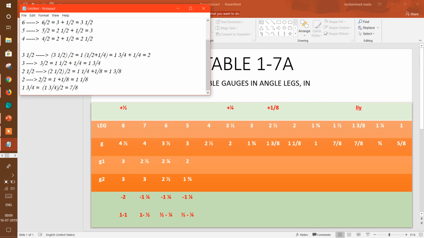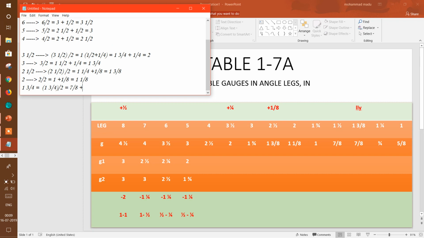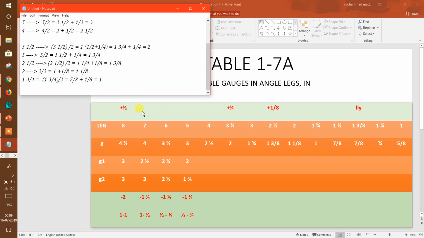7 by 8 plus 1 by 8. You already know this value, that's 1. Yeah, you can see here 1. And now 1 by 2 is equal to 1 by 2 plus 1 by 4 means 3 by 4.